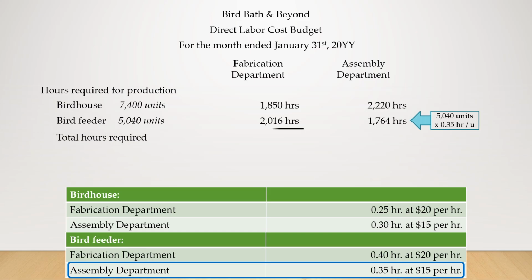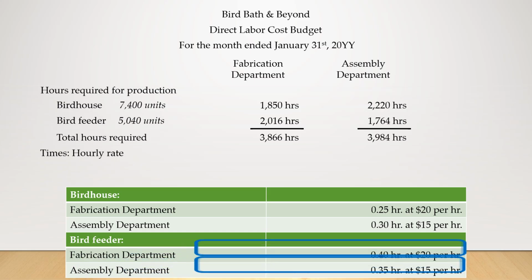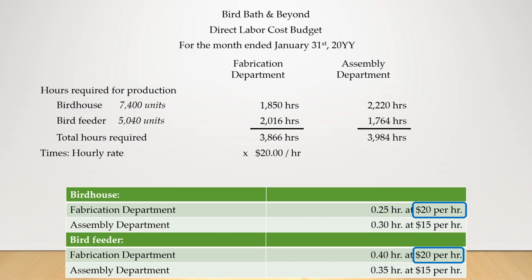The total hours required in each department, 3,866 hours in fabrication and 3,984 hours in assembly. We now convert these total labor hours into monetary amounts by multiplying them by their respective hourly rates. $20 an hour for fabrication and $15 an hour for assembly.